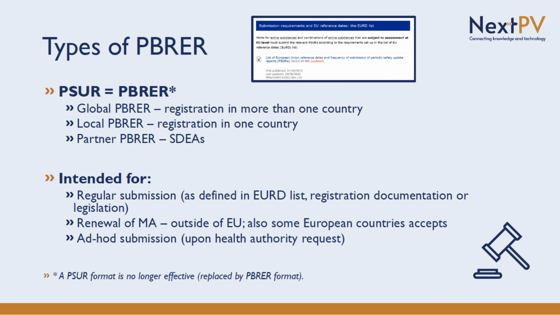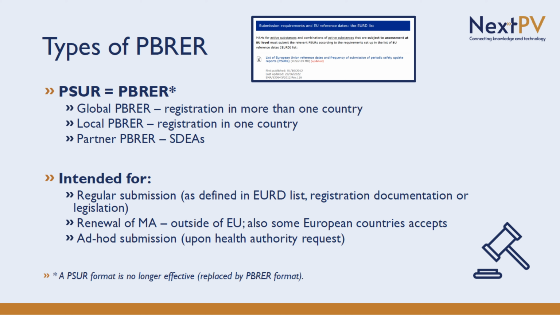Types of PBRER. PSURs have evolved into the PBRER format to provide a more comprehensive evaluation of benefit-risk balance. There are several types of PBRERs, including global PBRERs for products registered in multiple countries, local PBRERs for single country registrations, and partner PBRERs under Safety Data Exchange Agreements, SDEAs.